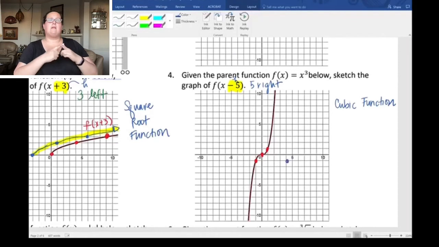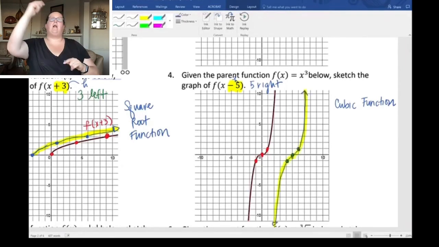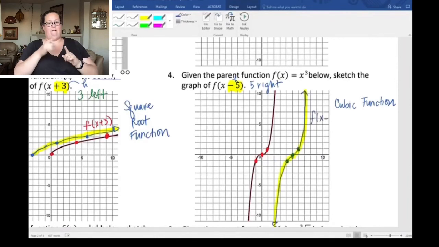And then let's move 0, 0, 5 units to the right. 1, 2, 3, 4, 5. And finally 1, 1, move that 5 units to the right. Draw the graph. Label the graph f of x minus 5. Great job, class. You're getting the hang of this.